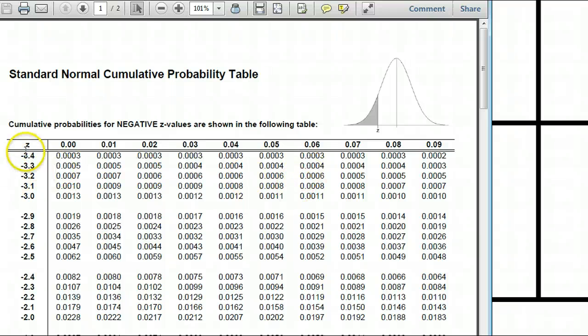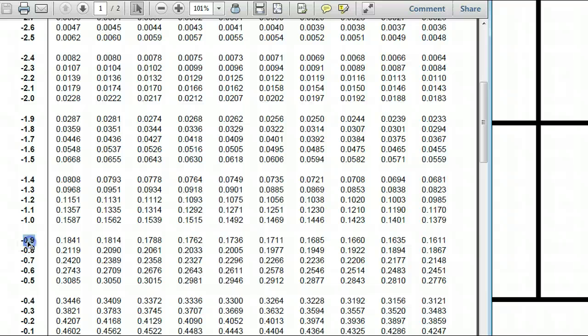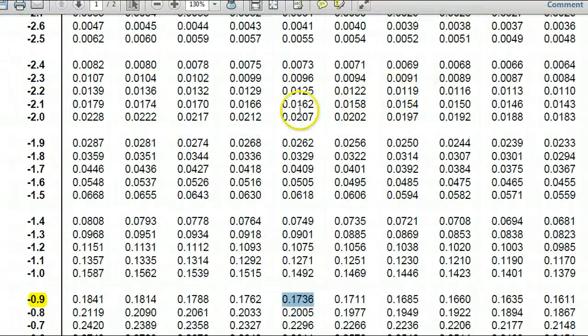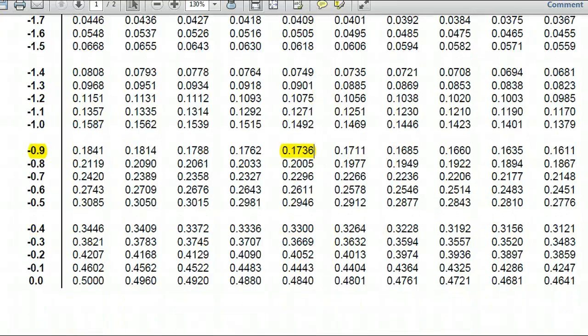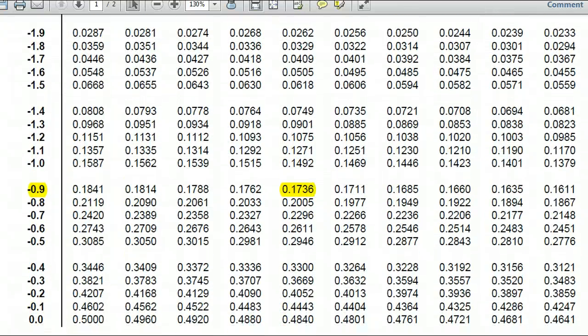Negative 0.9 is right here. Now say 0.90, 1, 2, 3, 4 would be right here. If you were to scroll up, you could see, yeah, that's the 4. So 0.1736.